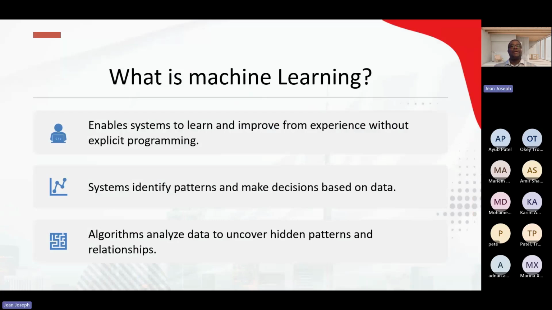Instead of relying on manually coded instructions, machine learning enables systems to learn from data, identifying patterns, making predictions, and also improving over time, right? This shift allows for more adaptive, scalable, and intelligent solutions across, I would say, different industries, right?